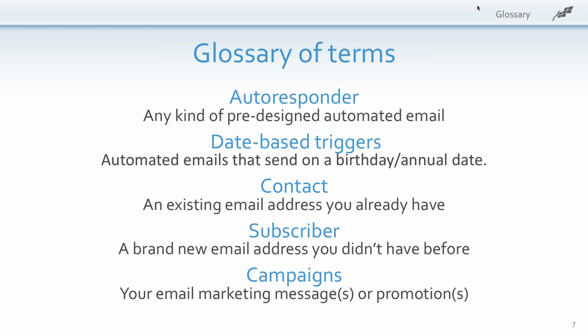So it's someone that you already know, someone that's already signed up. And when I say subscriber, I'm talking about a new person that's joining your list for the first time. And when I talk about campaigns, I'm talking about the emails that we're sending out. So within an autoresponder, you can have various campaigns, and we're going to talk about that.